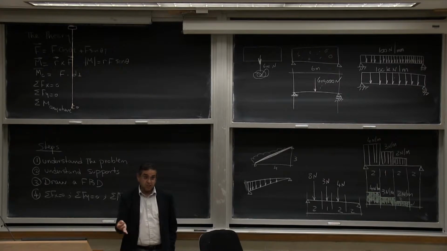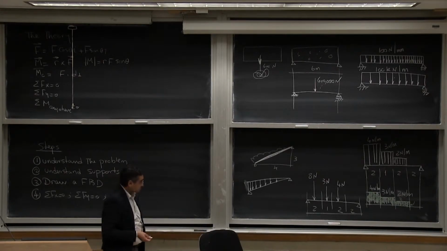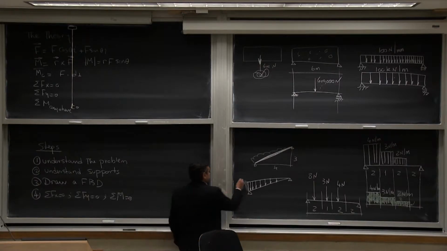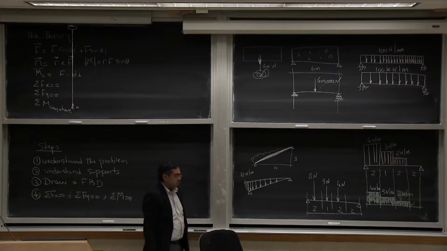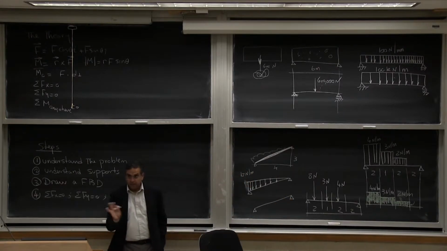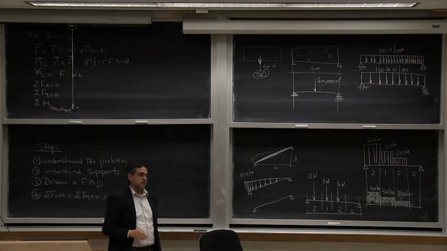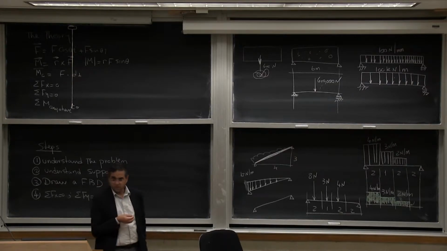So the load is distributed, but not a rectangle. It is a triangle. And if you manage to calculate that it is 10 Newton per meter here, I can replace this. If I'm only calculating the reaction, and I'm not doing the other thing in November, which is called bending moment diagram, I can just replace it with one force.